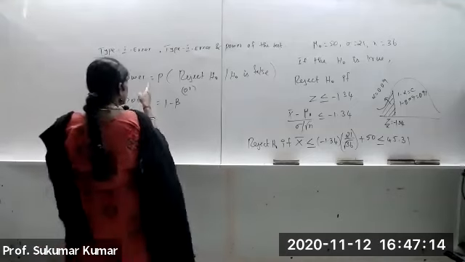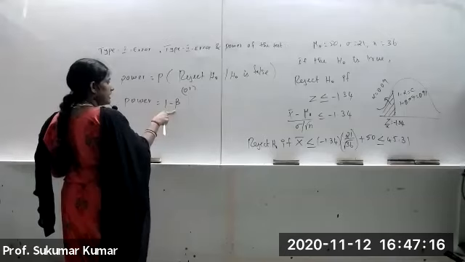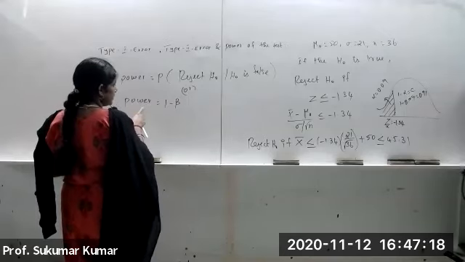So two formulas இருக்கு பவருக்கு. Suppose you know the value of beta, you substitute and find the power.